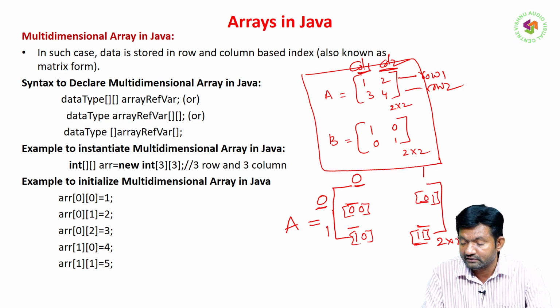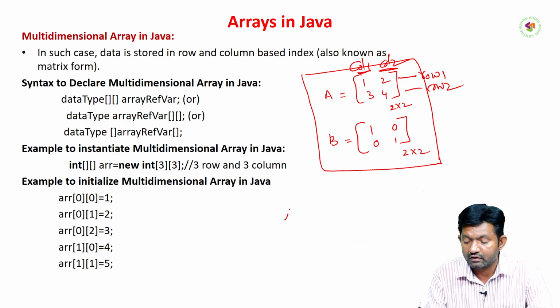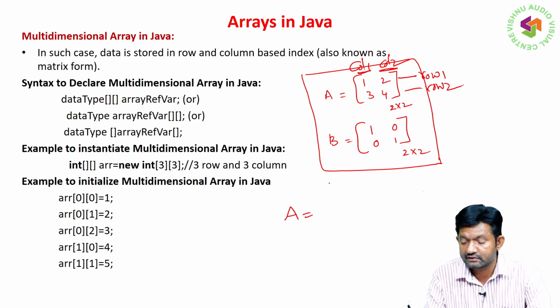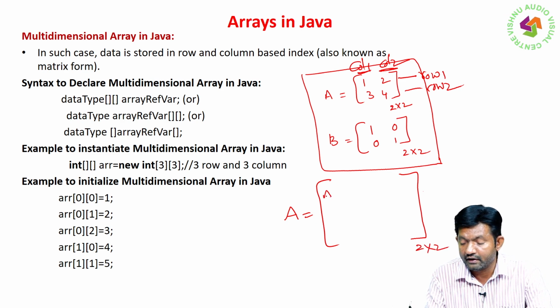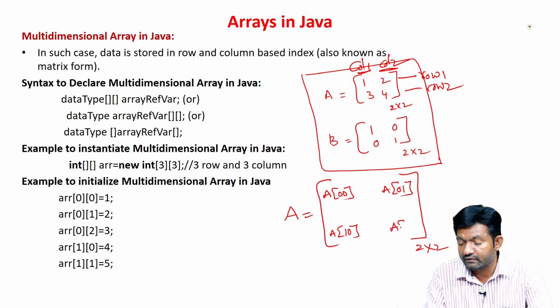Once again, I will write the positions of the representation of the matrix. Assuming that A is a matrix of size 2 by 2: A of 0, 0 element, A of 0, 1 element, A of 1, 0 element, A of 1, 1 element.